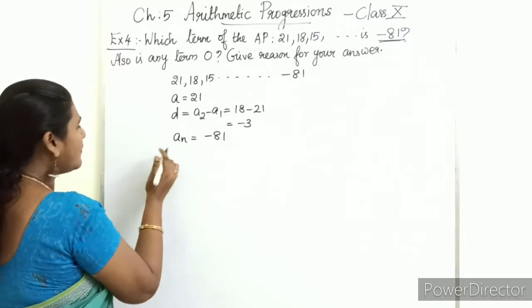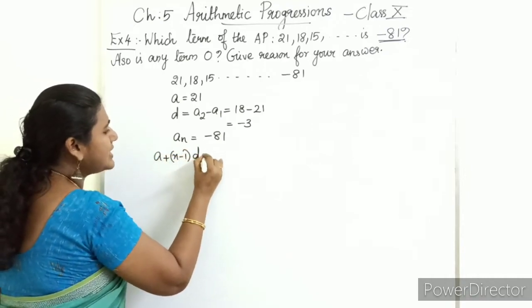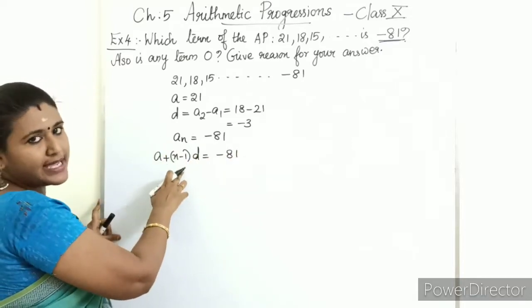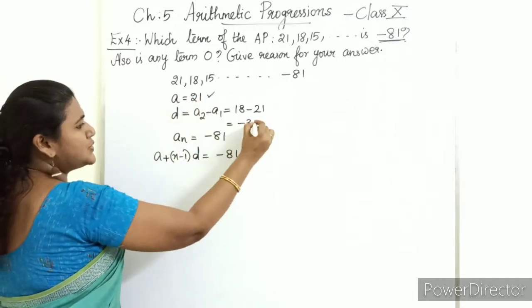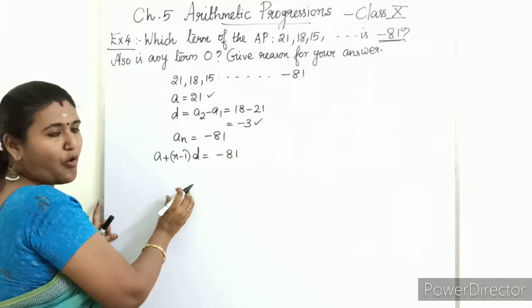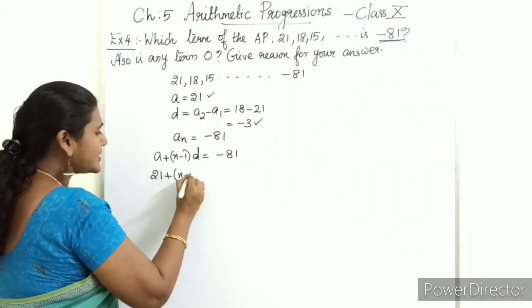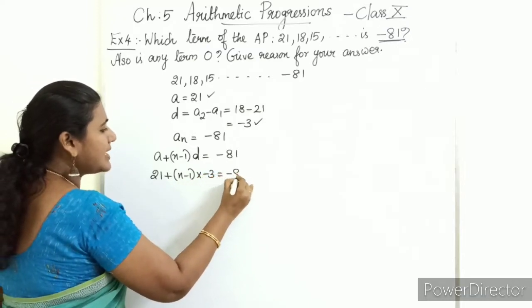Now we will use the formula for the nth term. What is the formula? a plus (n minus 1) into d is equal to minus 81. This is the formula for a_n. Here we will substitute the values of a and d so that we can find the value of n. So a is 21 plus (n minus 1) into d, which is minus 3, is equal to minus 81.